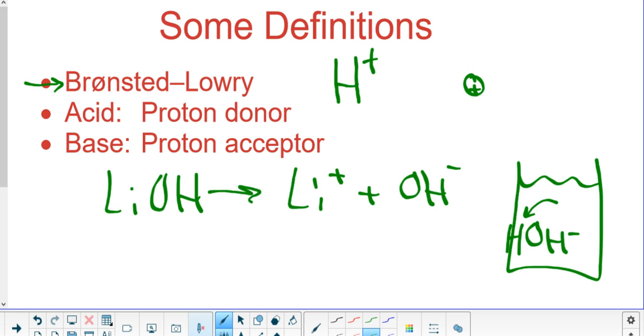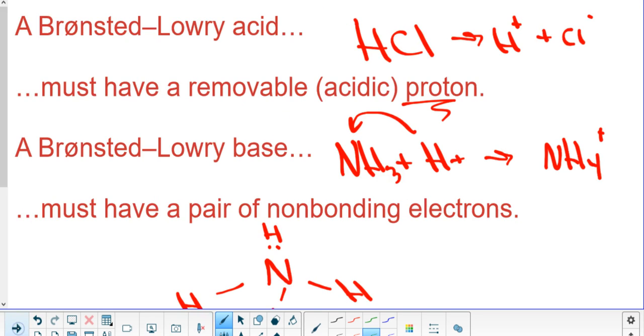So those are those two definitions. Bronsted-Lowry is the proton donor and acceptor, and the Arrhenius definition is increasing H+ or OH-. All right. There we go.